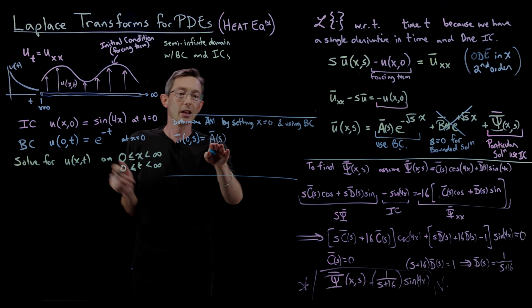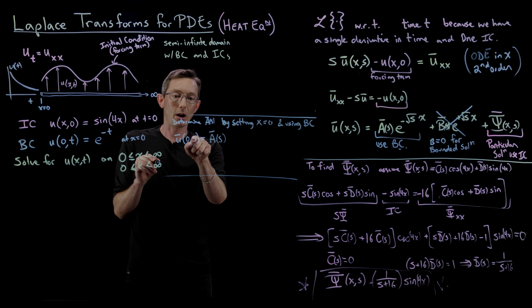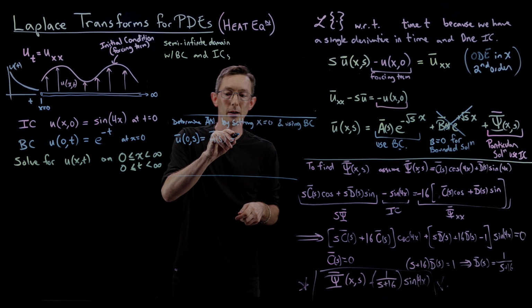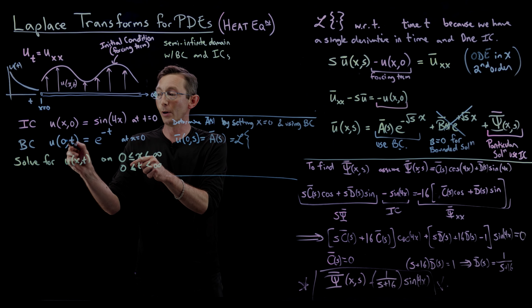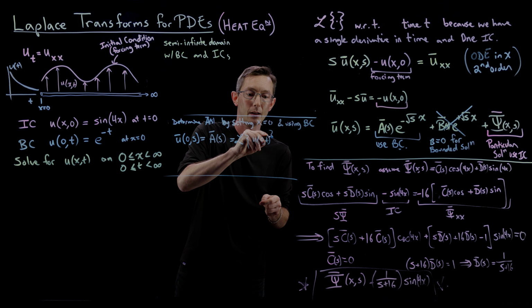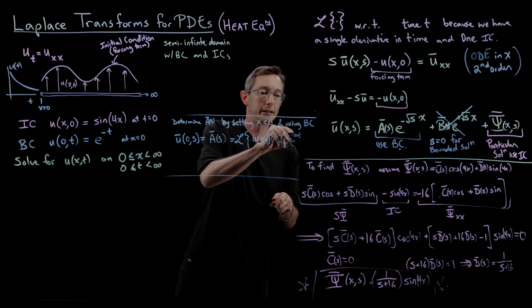And we know that u bar of 0 comma s is equal to the Laplace transform of our boundary condition u at 0 comma t, which is the Laplace transform of e to the minus t.